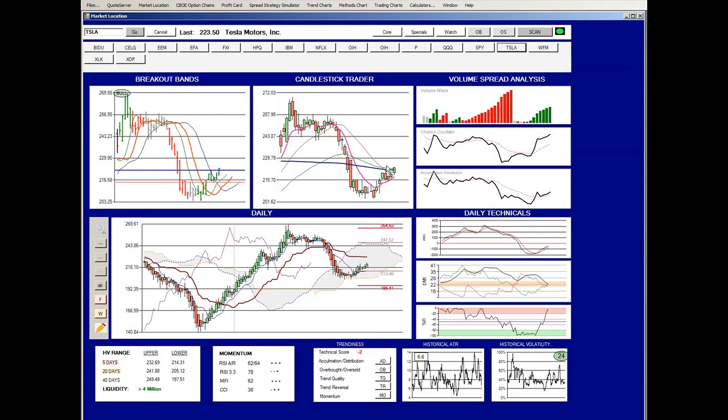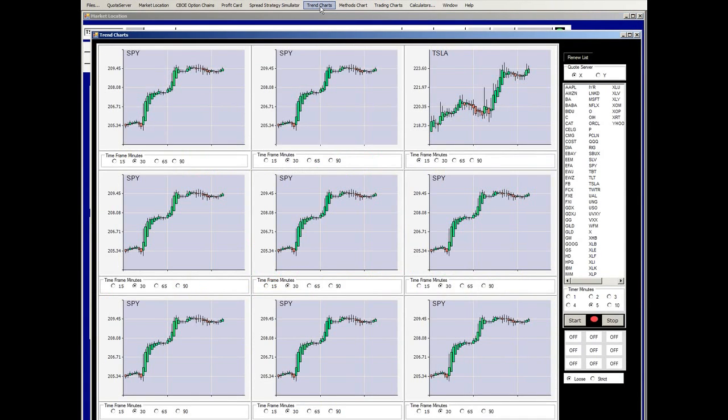We can go one step further in our analysis, and that is, when would we want to time the trade into Tesla? If we didn't want to enter long right at the high, we can use our trend chart screen. What we've done here is drag Tesla from the list over to a chart.